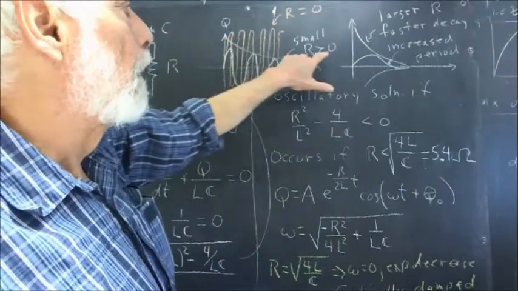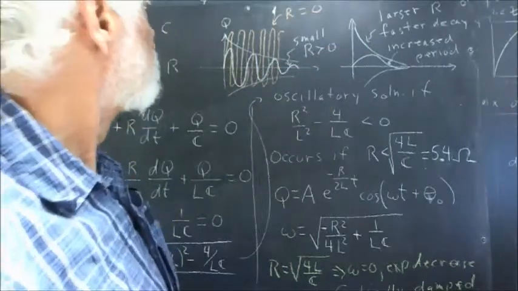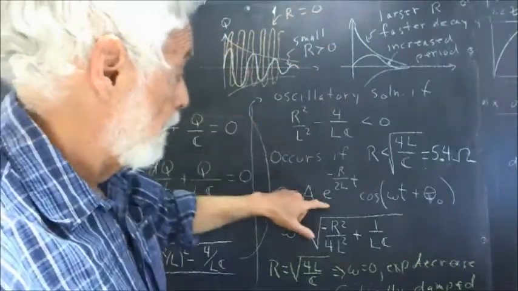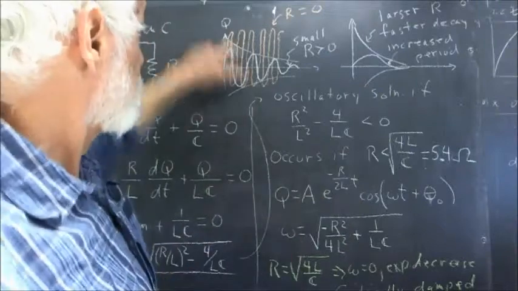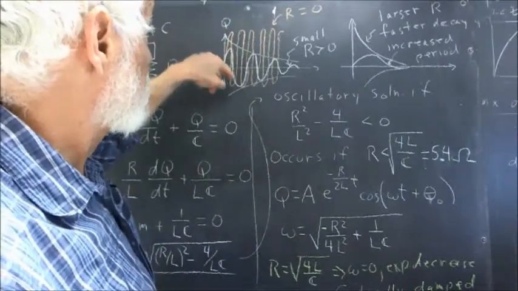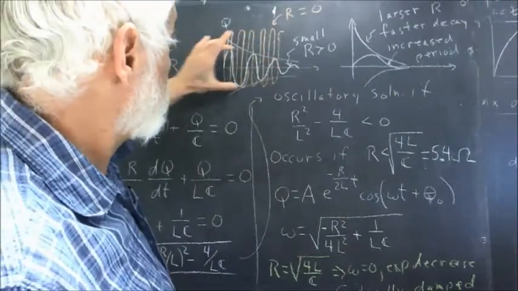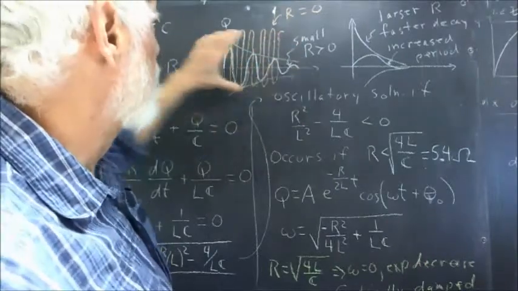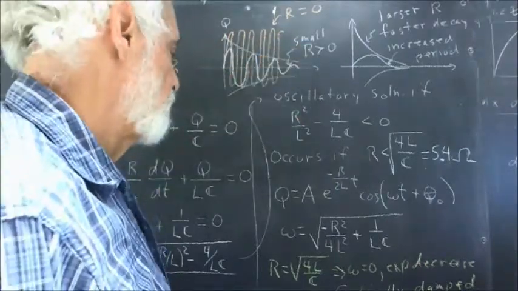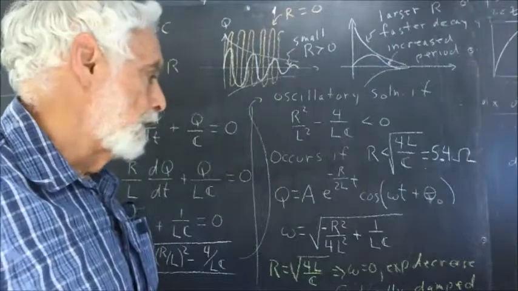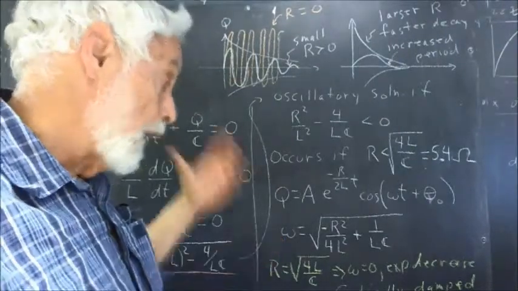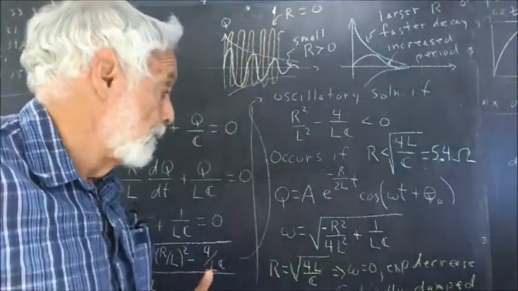Okay, if we have a small R but positive, then we are going to get this exponential decrease. So our amplitude is going to gradually decrease according to this exponential. If it's a small R, the amplitude will decrease rather slowly.